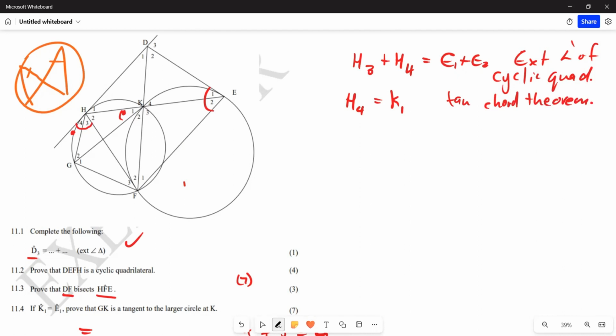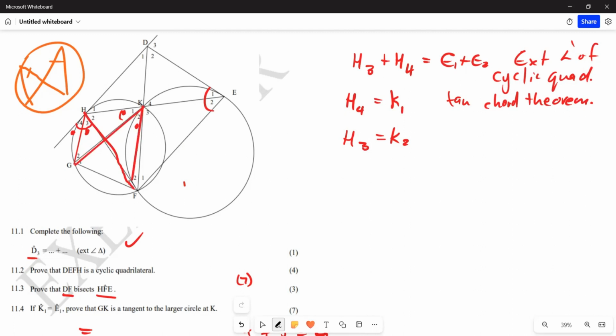What else can you take note of here? Let's look at our H3. This particular angle is going to be equal to our K2. Where is the K2? The K2 is here, right? What is going to be the reason here? Look, these angles are subtended by the same segment. If you draw the butterfly angles here, can you see that this makes a butterfly?